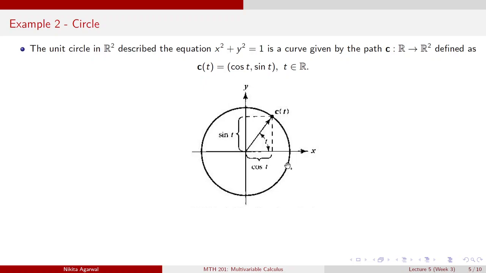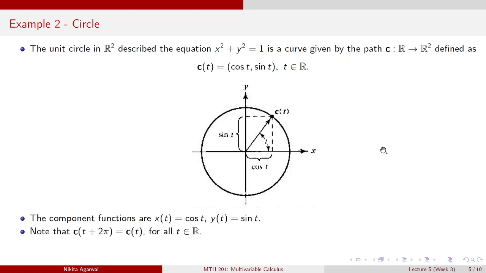There is something you should notice here: these component functions cos t and sin t are periodic functions, meaning that after every 2 pi they are equal. If I take t equal to 0, I am at the point (1, 0). When t is equal to 2 pi, I am back at this point.